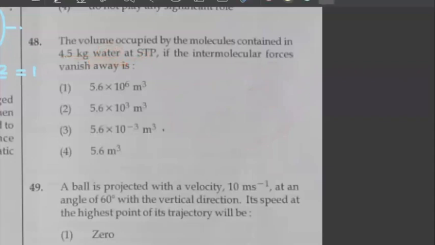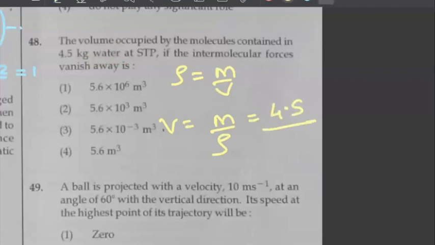So all I should do is density is mass upon volume. If I want the volume, it's mass upon density, and the mass of water is 4.5 kg, at STP, standard pressure. So density, let's take 10^3. So that's it, 4.5 times 10 raised to minus 3.